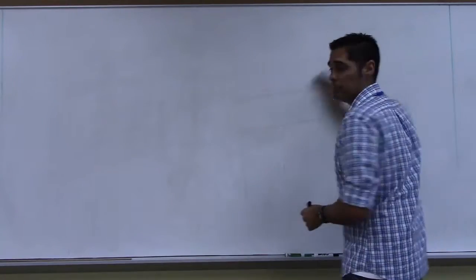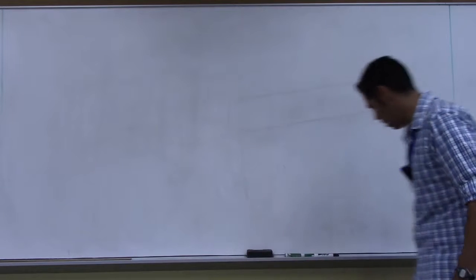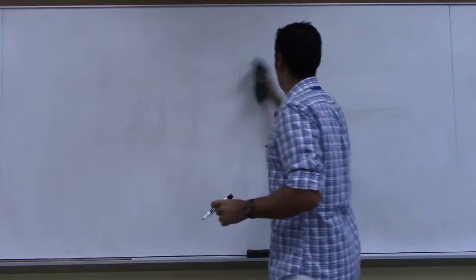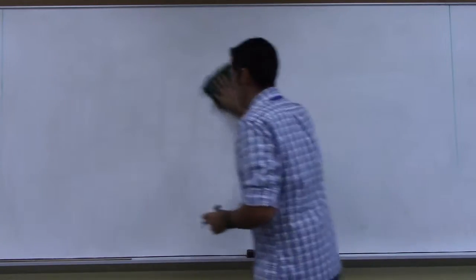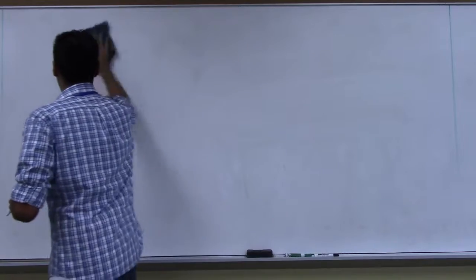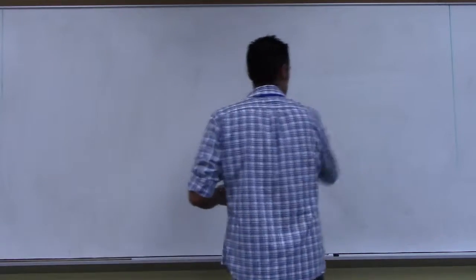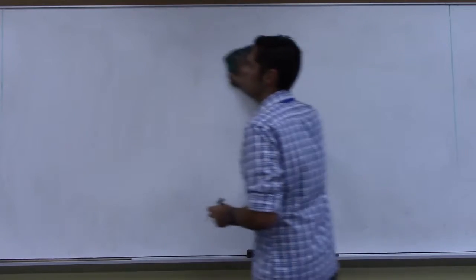The quotient rule and the product rule are in the same section, which is 2.4. Now, I'm not going to prove the quotient rule just because of time. It would be nice to do the limit proof.